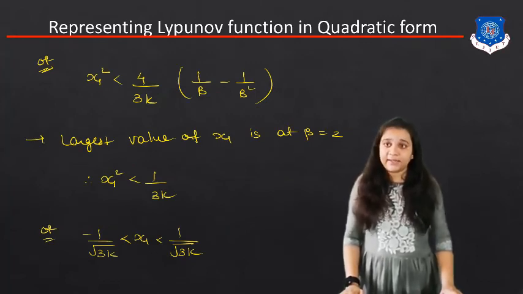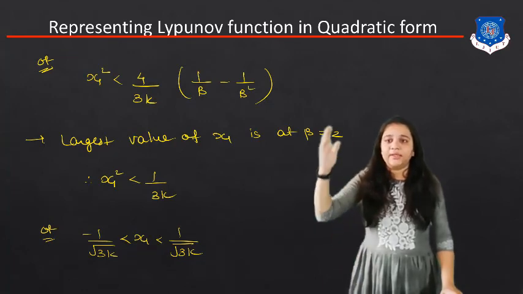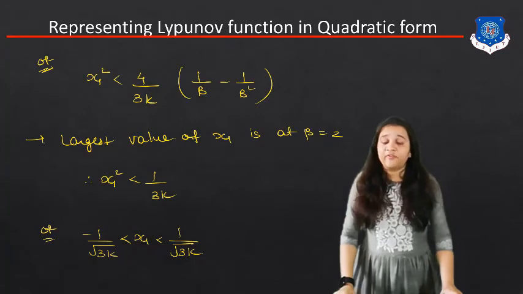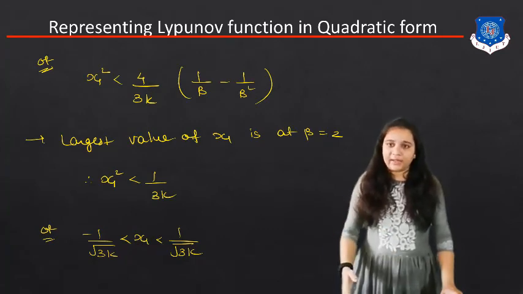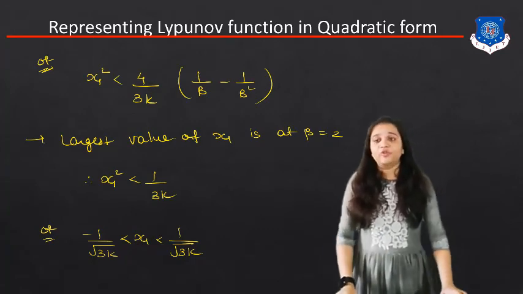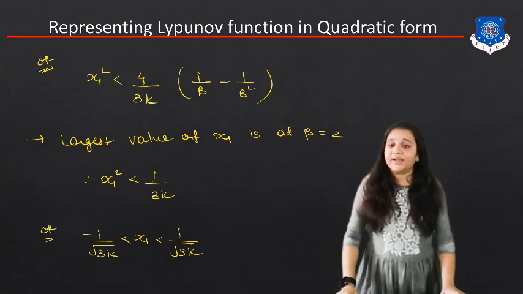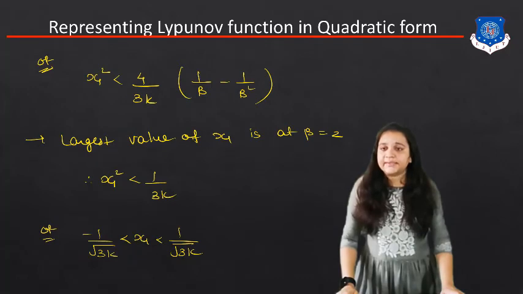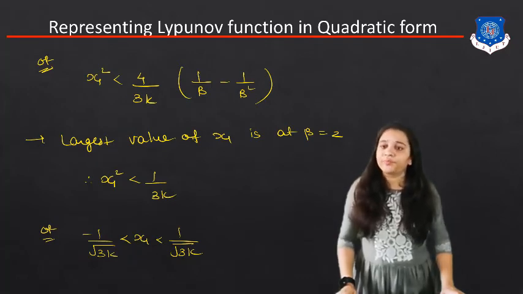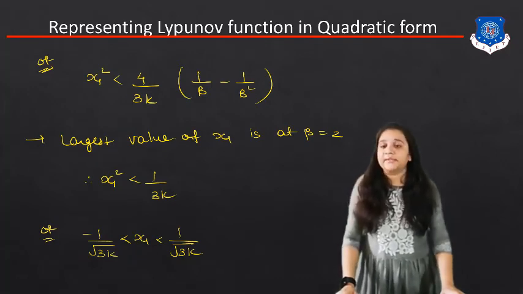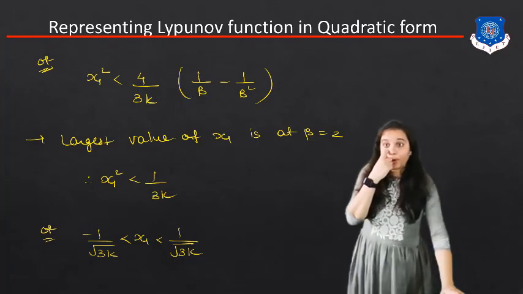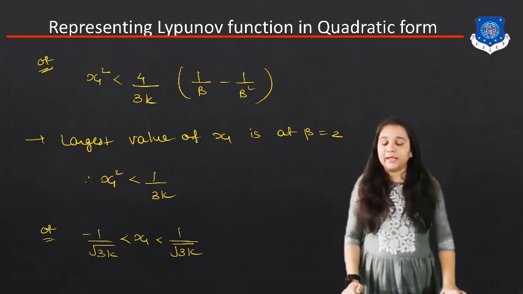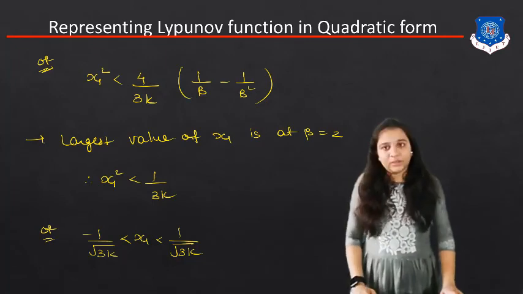So we write the equation in this manner: x1 square less than 4 upon 3k in the bracket 1 upon beta minus 1 upon beta square. Now if we change the value of beta, the largest value of x1 is where beta is equal to 2. So x1 square is less than 1 upon 3k, or x1 varies from minus 1 upon under root 3k to 1 upon under root 3k.